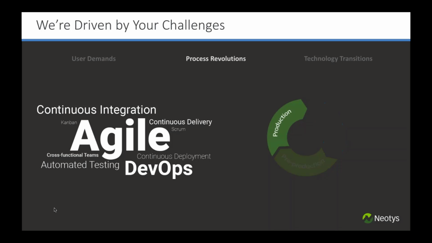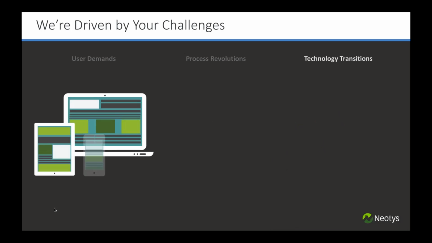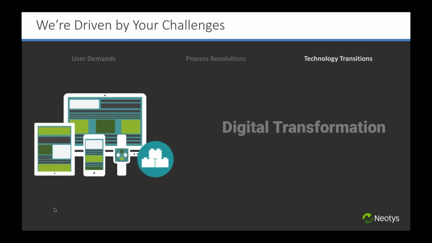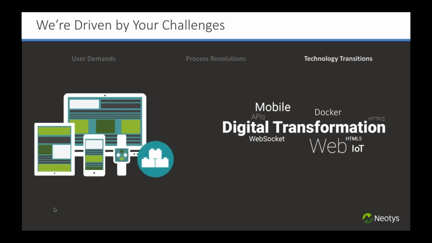The last challenge is technology. We have been a technology-driven company. As a load testing vendor, we need to make sure we provide proper support for the latest technology on the market.